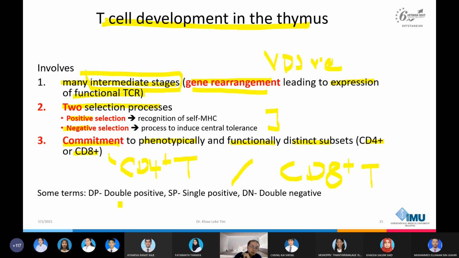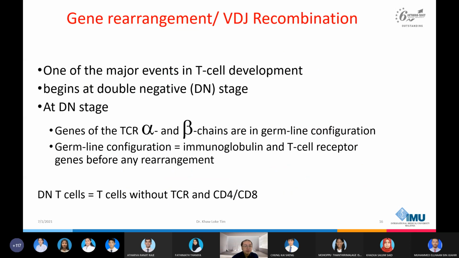Okay, some terms you might feel a bit lost with. DP, double positive. SP, single positive. DN, double negative. As you can see here, everything starts off as a double negative stage. What does double negative mean? CD4 negative, CD8 negative.